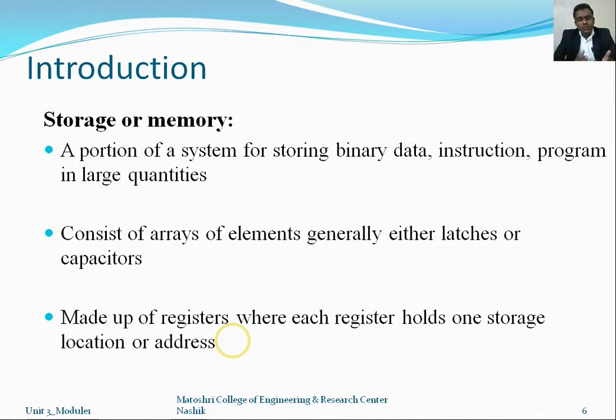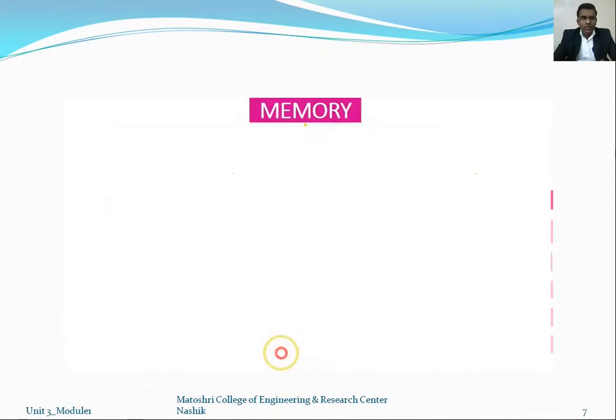Each flip-flop has the capacity to store a single bit, and if we combine a number of flip-flops, more than one bit can be stored, and that group of bits is given a particular address. We want to store binary data, instructions as well as programs in large quantity, so a single bit is not sufficient nowadays. So the memory is made of registers, which are combinations of flip-flops.